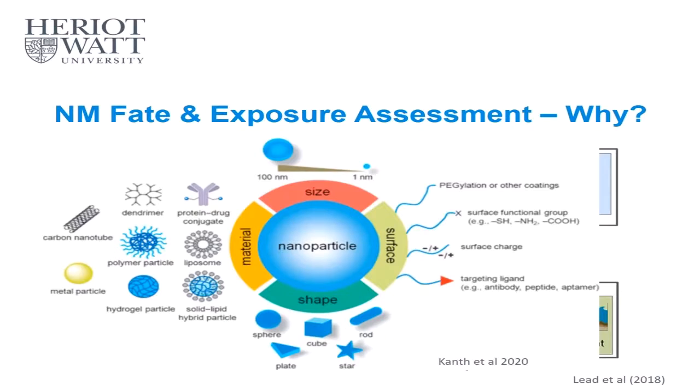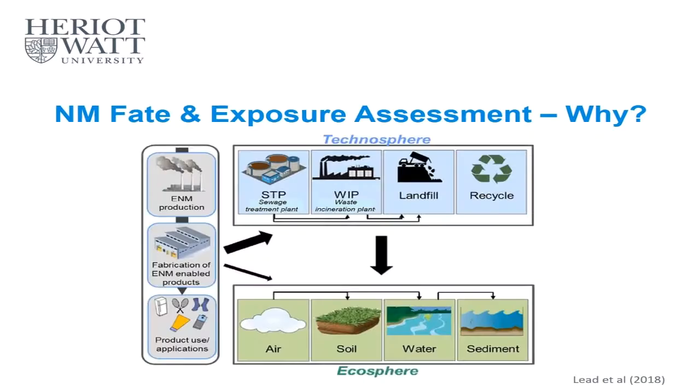So very large diversity, and so it is important to understand what happens to them in the environment, and also how they might affect it. So you can see here they are incorporated in a variety of products.